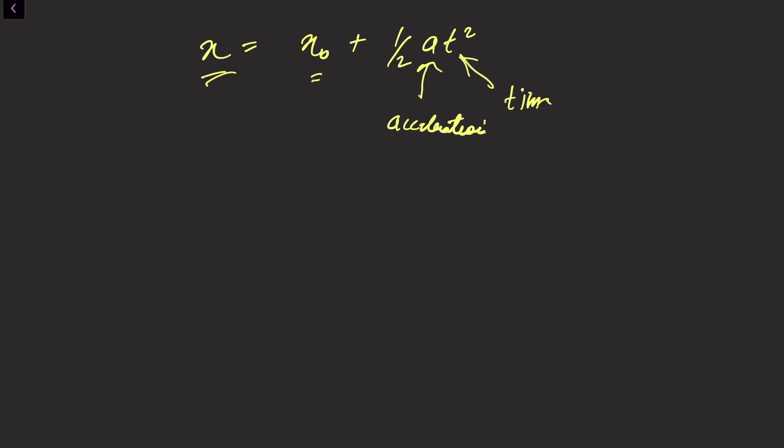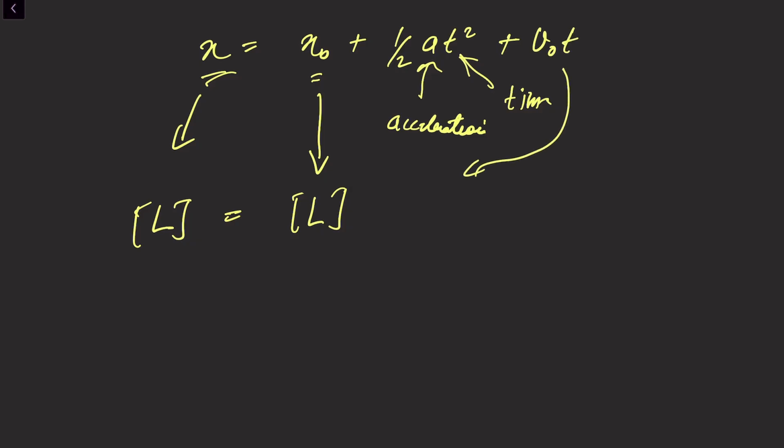So how can we write the dimensions of each term? For x it will be L. For x naught it will be L. There is one more term, v naught t. What is v naught? It will be L T to the power minus 1. And t is T, so this T and this T get cancelled.